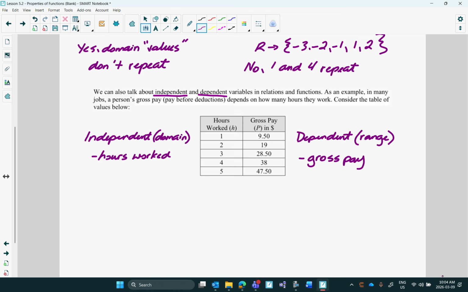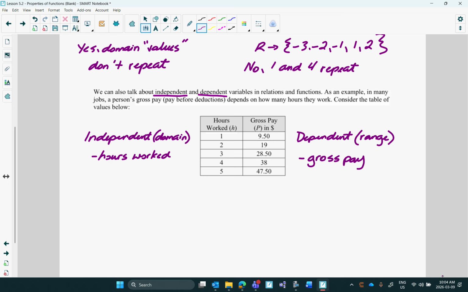So for example, if you have a job and let's say you're 18 years old and you have to pay taxes, then you would get a paycheck and part of it would go to income tax. So your gross pay would be how much before all the deductions were gone. Your net pay is what's left after. And if we were asked to list them, we would list these 5 numbers.